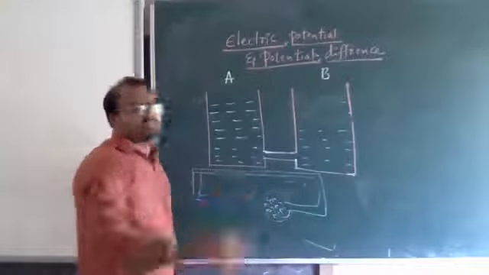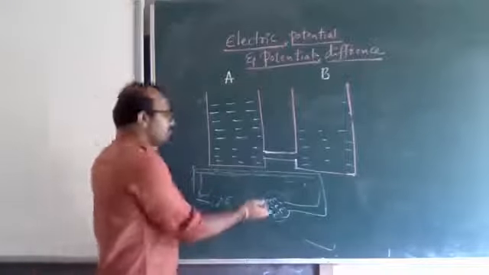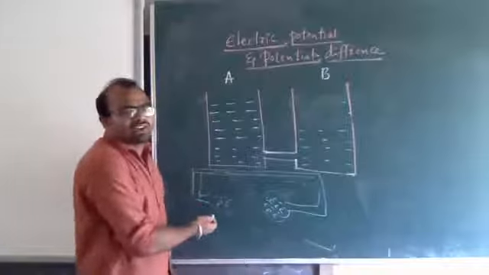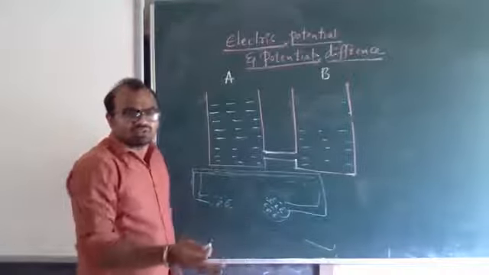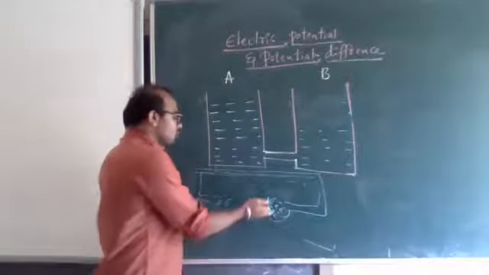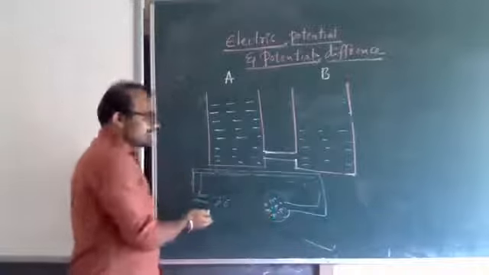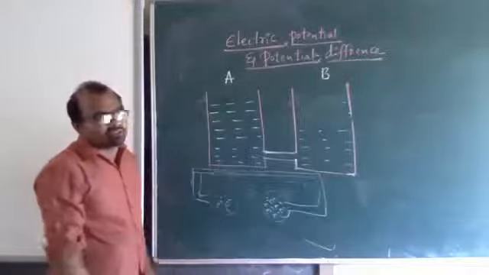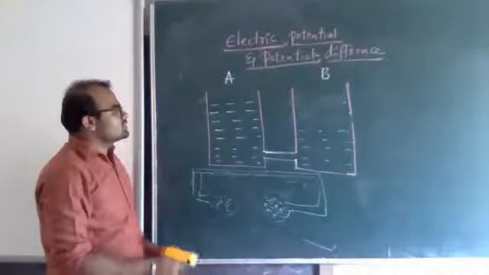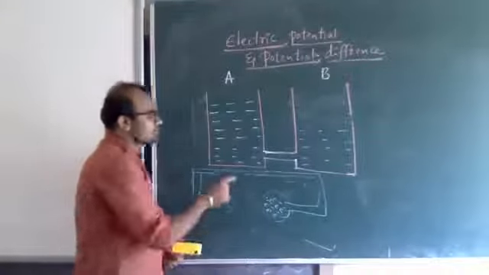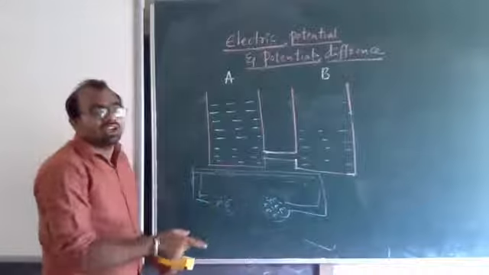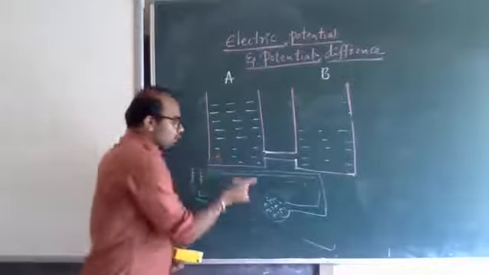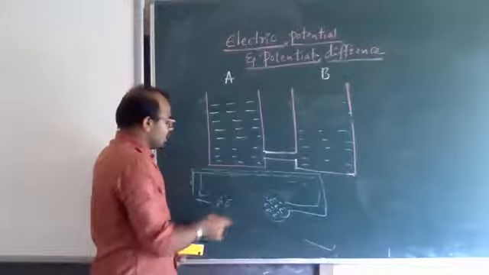That means there must be a potential difference. If the same amount of electrons are on both sides, then there is no flow of current, right? So electrons are more here and less here, so electrons will flow. Flow of electrons is nothing but current. So current comes because there is a potential difference, or voltage, between the electrons.